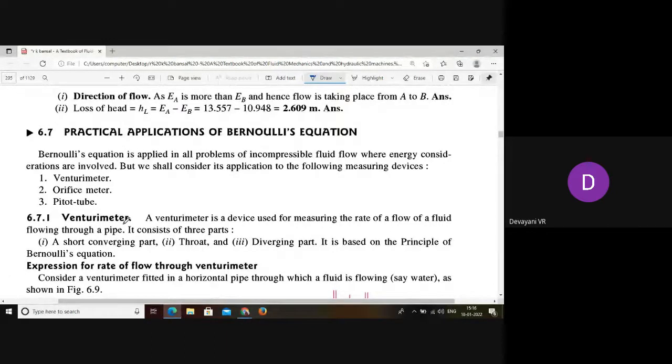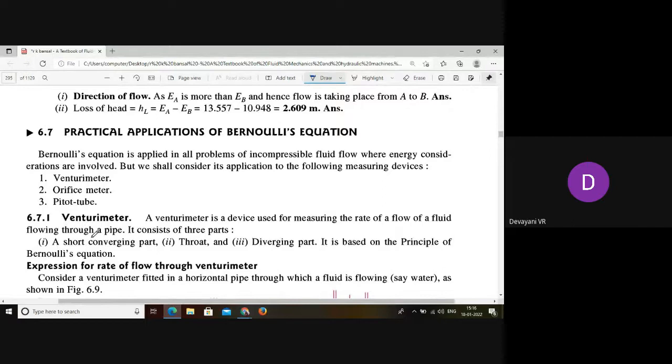Suppose the inlet of the pipe and the outlet of the pipe discharge the same amount of water, then we can say there is no head loss, and that can be found out by fixing this venturimeter. To fix it, we should know the different parts, the design procedure, and the expressions for rate of flow through the venturimeter. So let's discuss the venturimeter.